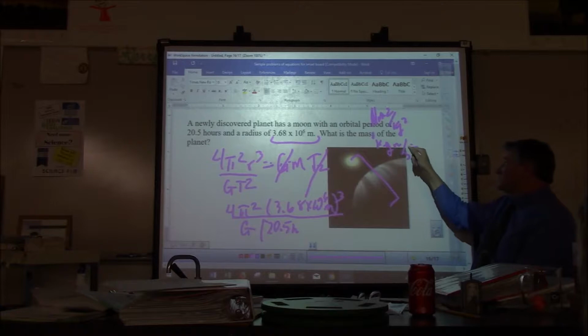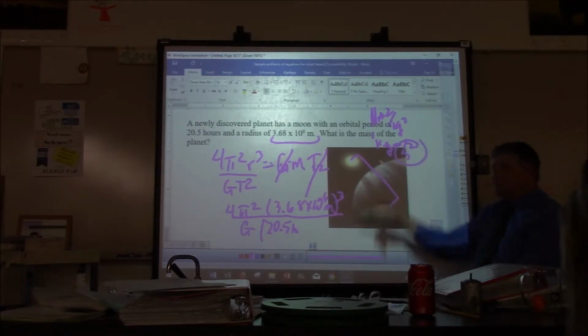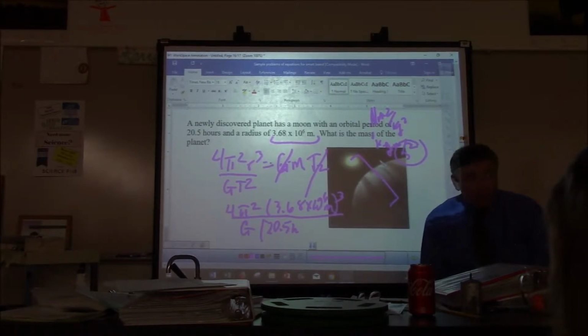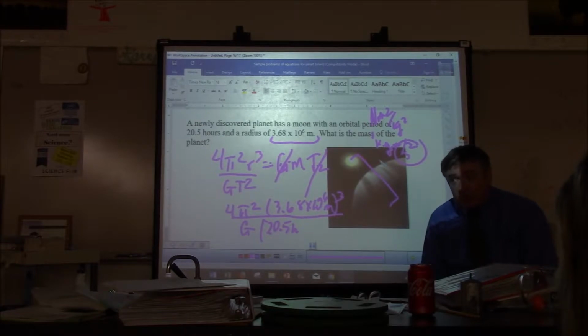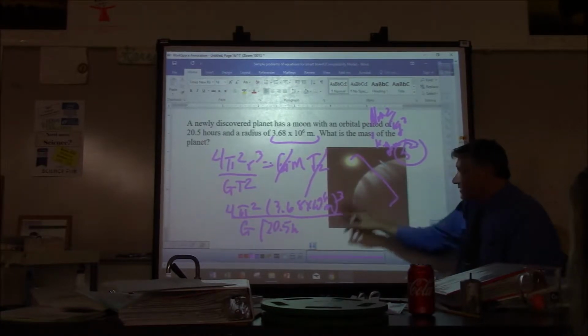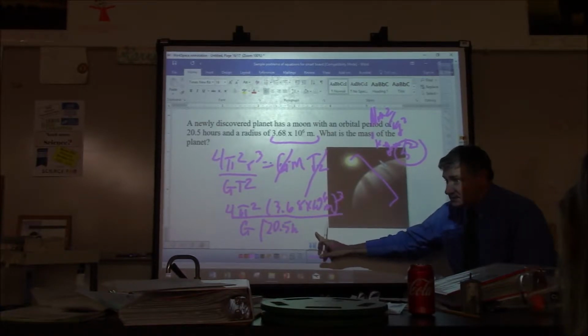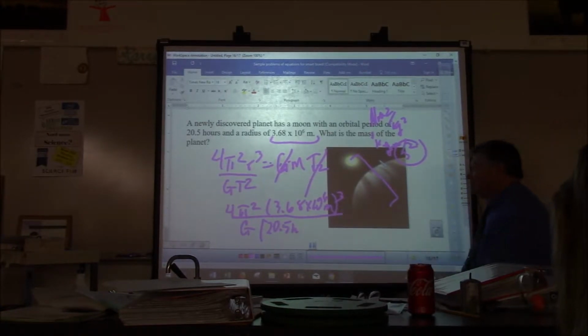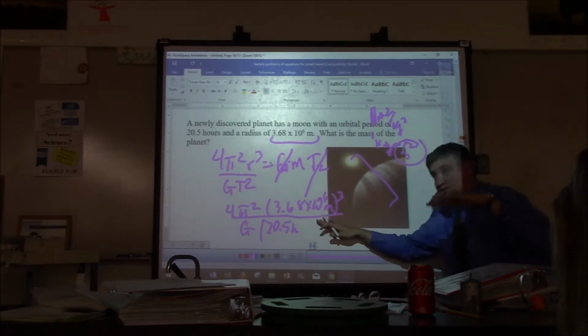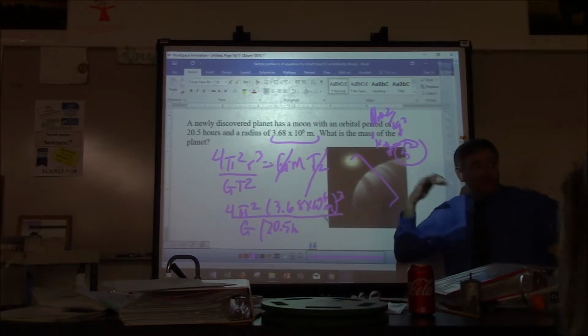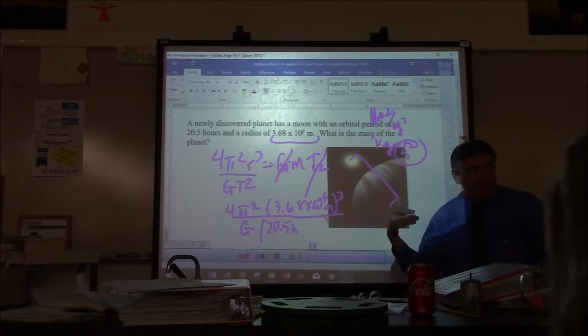So, since this is the only location that you have seconds at all, this is it. That's why you cannot leave this in hours, because you're not going to get these to cancel out. But here's the beauty of it. Big G has kilograms meters per second squared, so you got seconds squared down below. Here you're going to multiply it by seconds squared. That's going to cancel out the seconds. Wow. If you leave it in hours, that's not going to work.